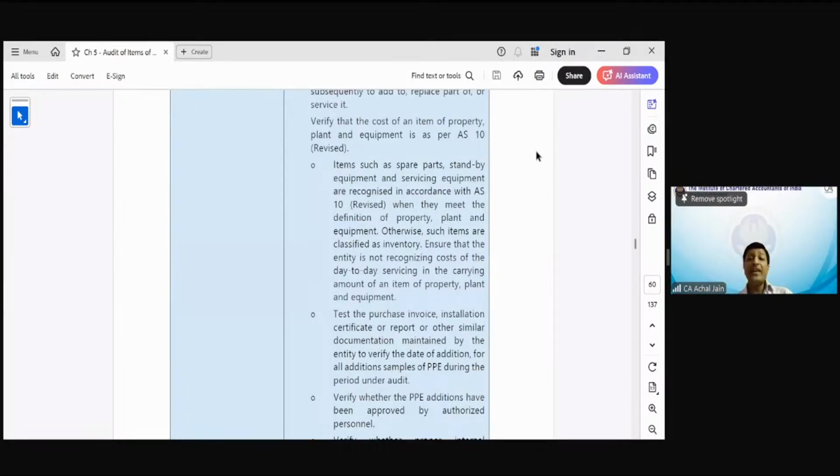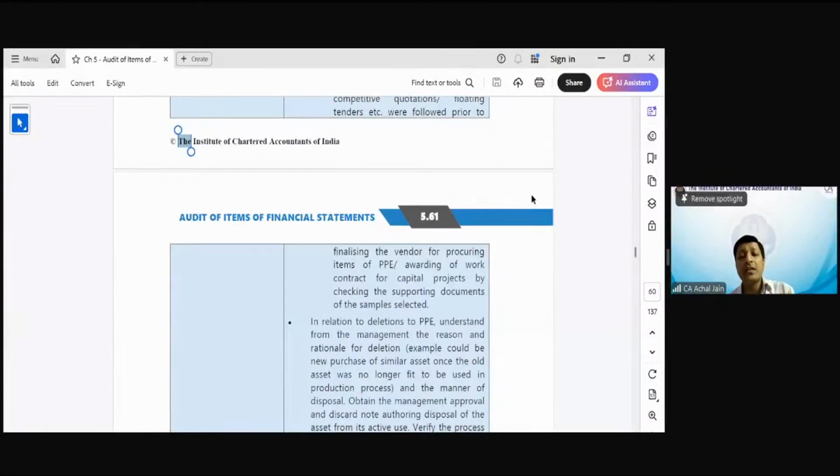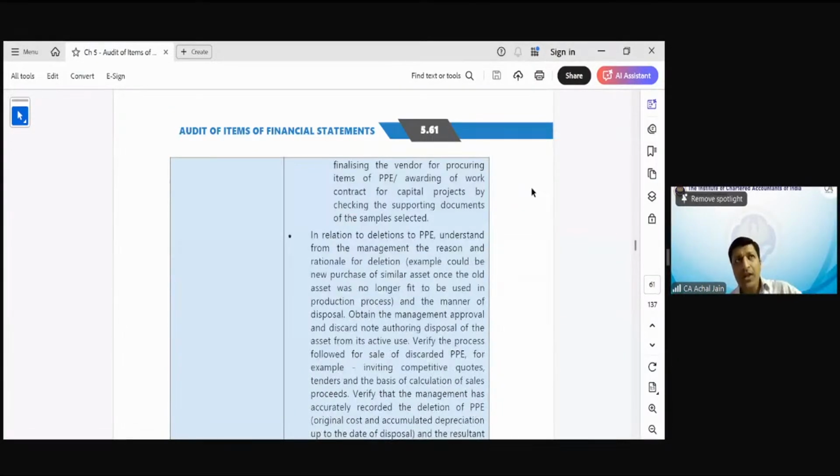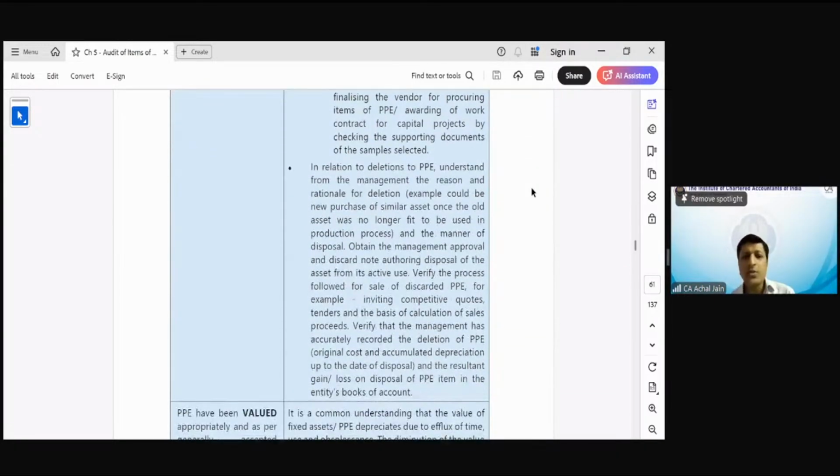Then when it comes to the cost component, what did we discuss? Verify that the cost of the item of inventory is as per AS 10. All of those cost components need to be in line with the requirements of AS 10. Those categories are purchase cost, directly attributable cost; all of those costs have to be the ones included in that category, not beyond that.